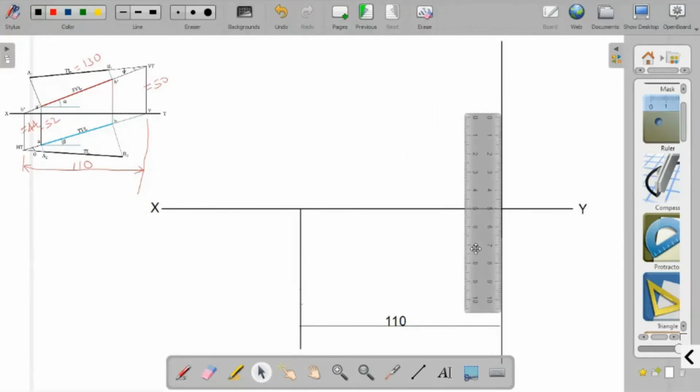So I'm just marking all these points and then I'll give the names.